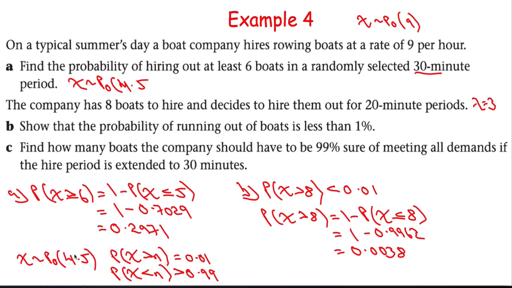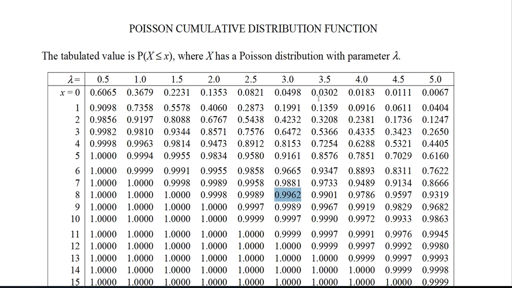So what we're going to do is go to our tables and look for lambda equal to 4.5. Now where does it go over 0.99 in this region here? So when we get to 10 boats, we're good.